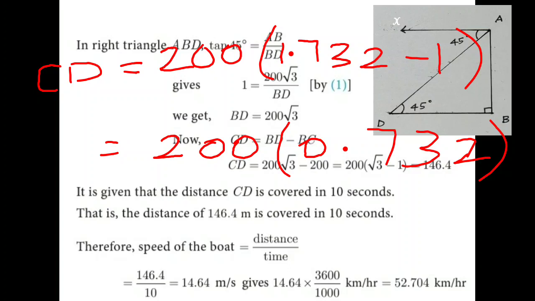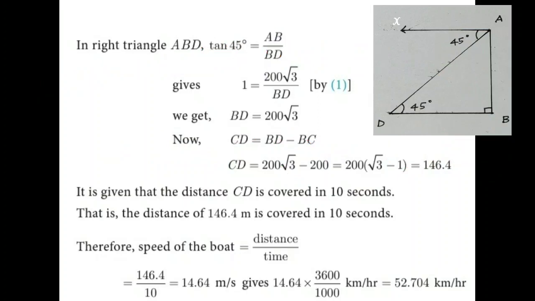Then 1.732 minus 1 we get 0.732, then 200 into 0.732 we get 146.4. Therefore CD is equal to 146.4 meter. It is given that the distance CD is covered in 10 seconds.